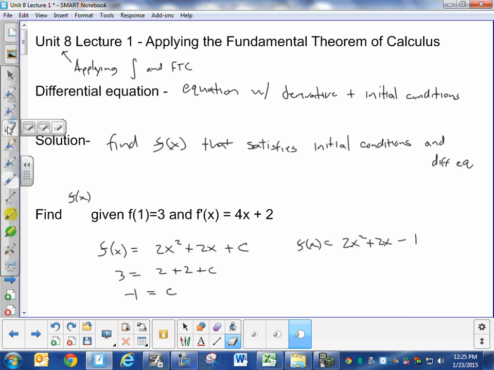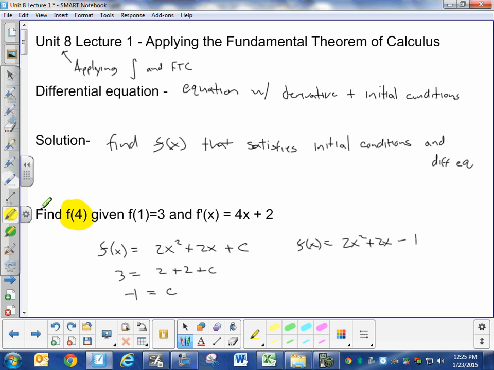Well, I could kind of ask the same question, but instead of find f of x, I could just say find f of 4. Well, you've already done all of the work. There's just one extra step. So this question, though it's not solve the differential equation and find f, it's saying find f of 4. Well, the only way you can do that is by solving the differential equation, and then you can go ahead and plug 4 in.